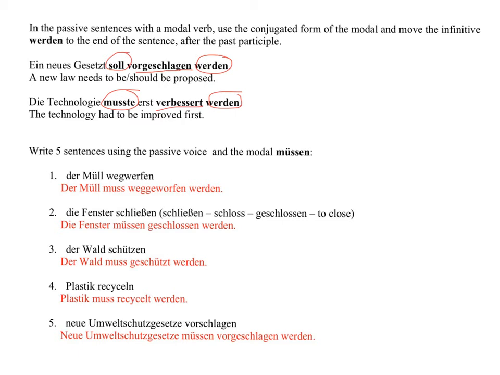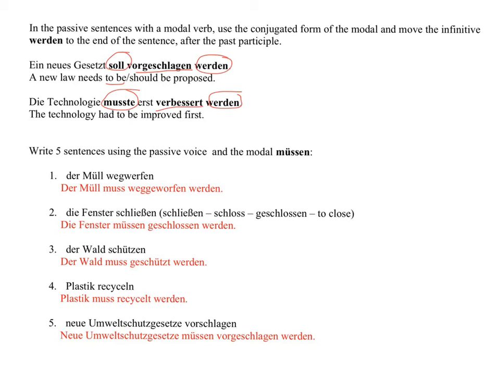So, ein neues Gesetz, a new law, soll, it should, or needs to be, the werden covers the to be, vorgeschlagen. Vorschlagen is to propose or suggest, now it's proposed. So the focus is that it should be.